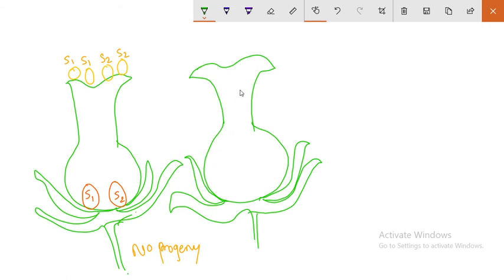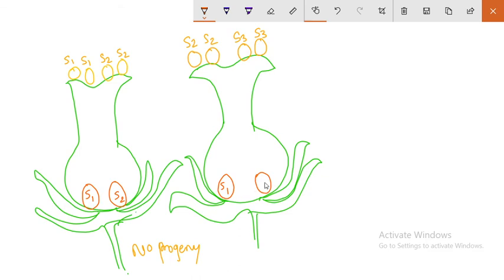Then the second figure. The pollen grains are S2 and S3, and the ovules are S1 and S2.